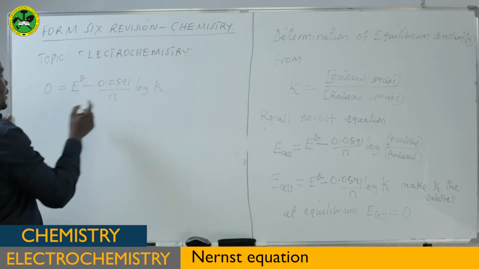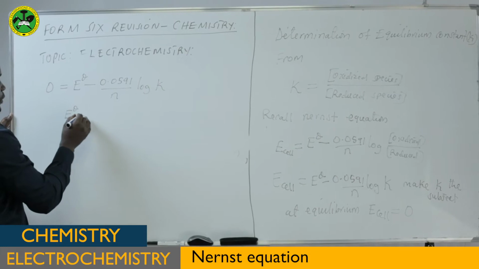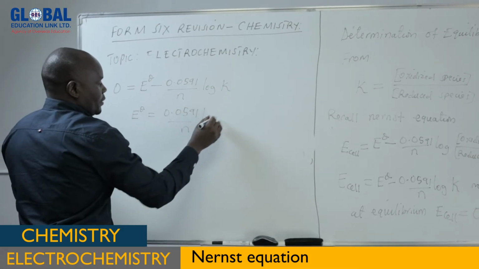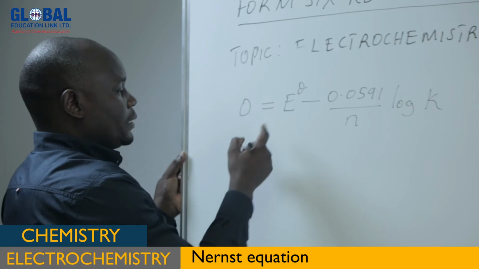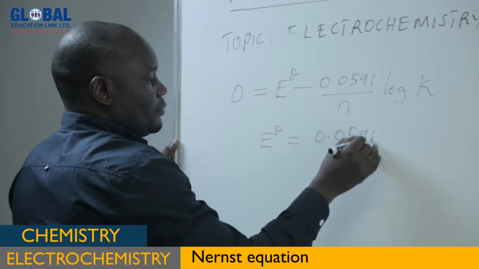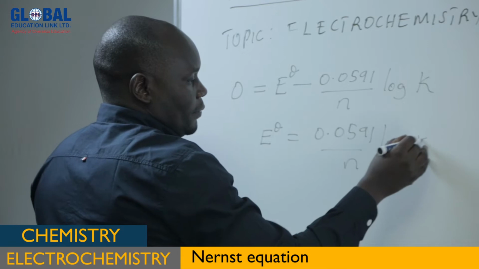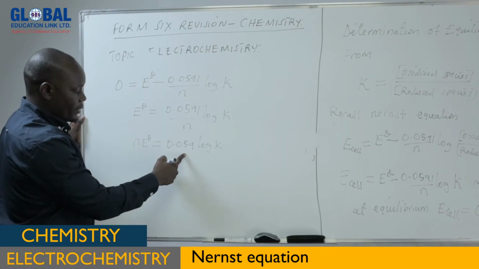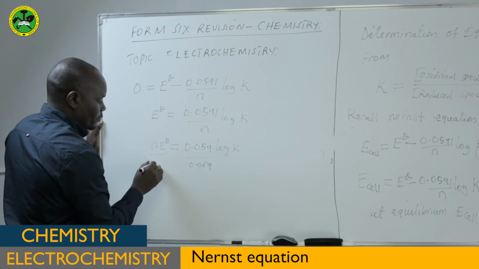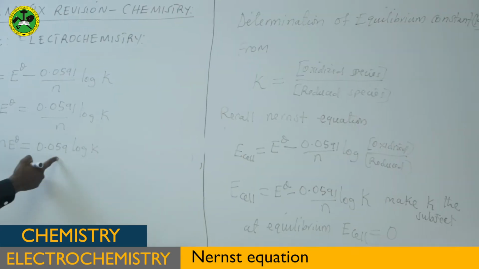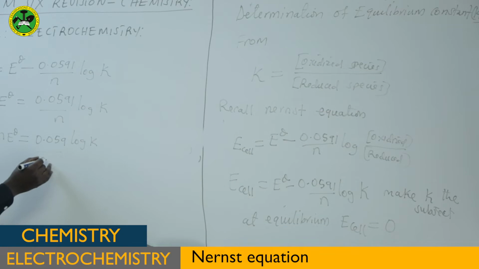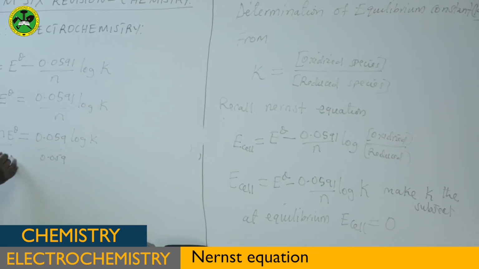Now, if we make K the subject, then you will have the standard electrode potential equal to 0.0591 over n log of K. Now, times n both sides, then you'll have n times the standard electrode potential of a cell equal to 0.059 log of K. Now we divide both sides by 0.059, so log of K will be equal to n times the standard electrode potential divided by 0.0591.